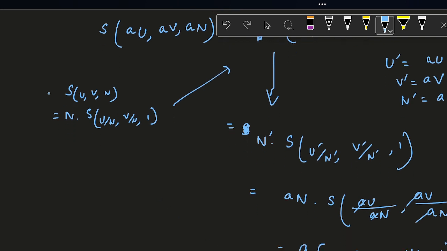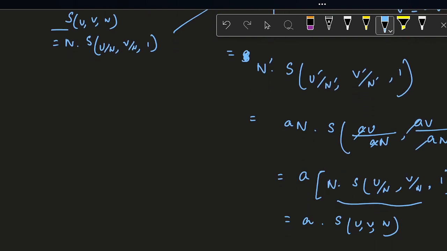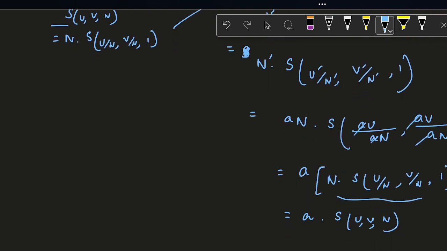If you remember, this is nothing but your s of u v n. So just replace it: a times s of u v n. So ultimately, s of au, av, an is nothing but a times s of u, v and n.